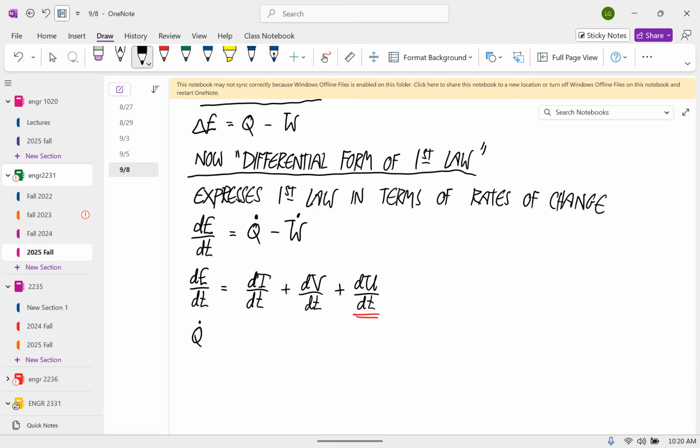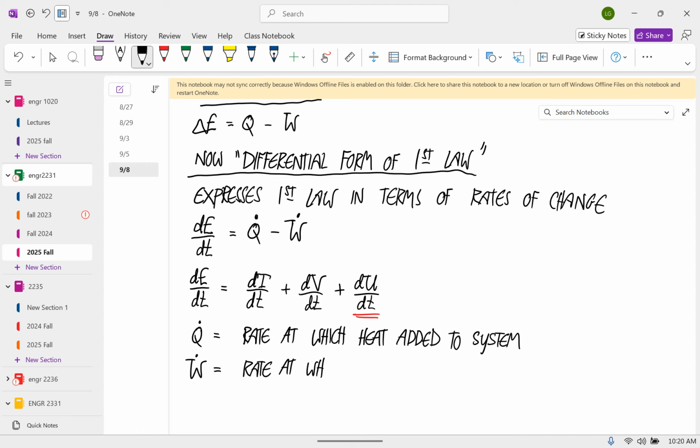And the definition of Q dot is the rate at which heat is added to the system. And W dot is the rate at which work is done by the system.